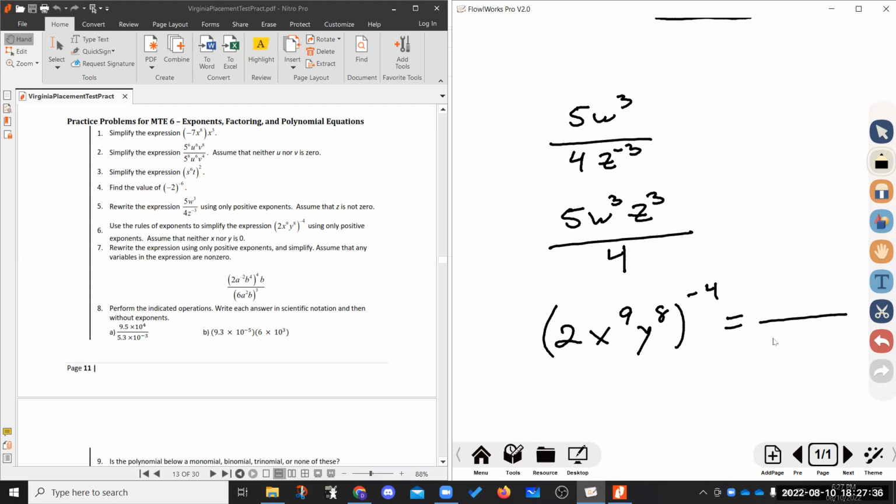Because these were all positive to start off with, let's get them down here in the denominator with a positive exponent on the outside. And that's going to give us 2 to the 4th is 16. X to the 9 times 4 is 36. Y to the 8 times 4 is 32, and I have a 1 as a placeholder in the numerator.